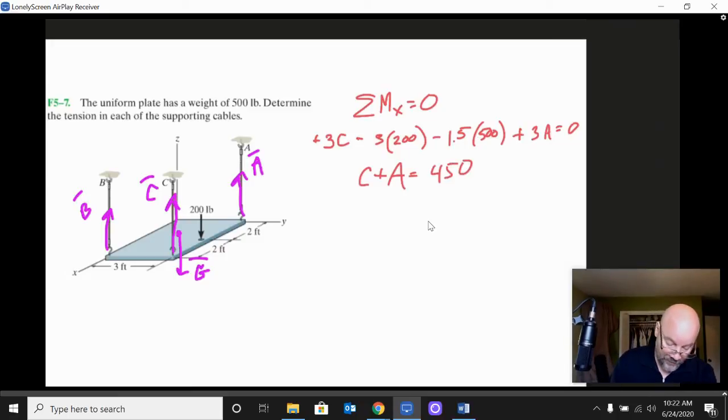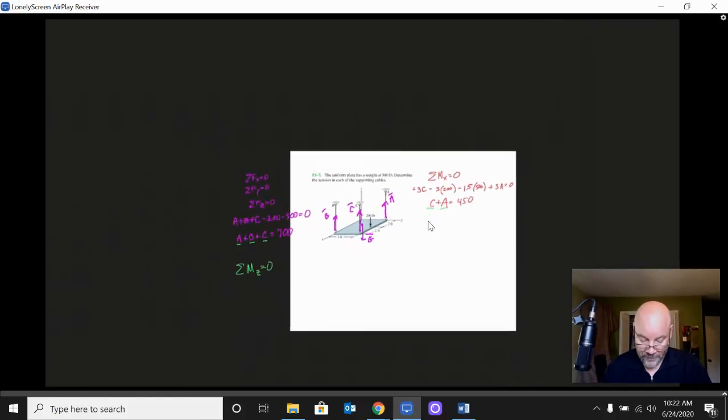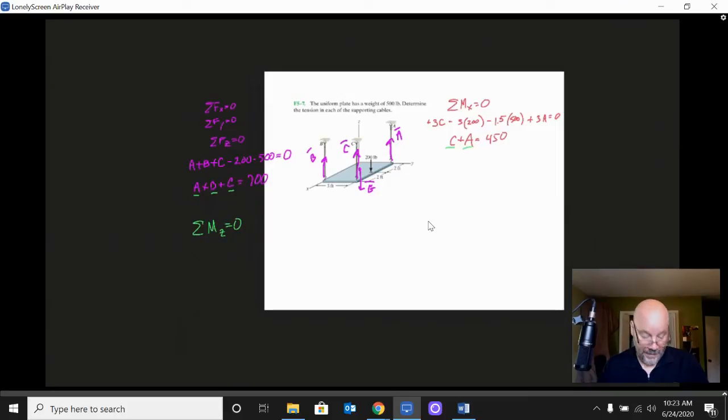So now I've got 2. Let me zoom out a little bit. You can see here we've got one equation there, and I got another equation there. So I'm on the right track, but I'm not there yet. I'm going to need one more relationship.